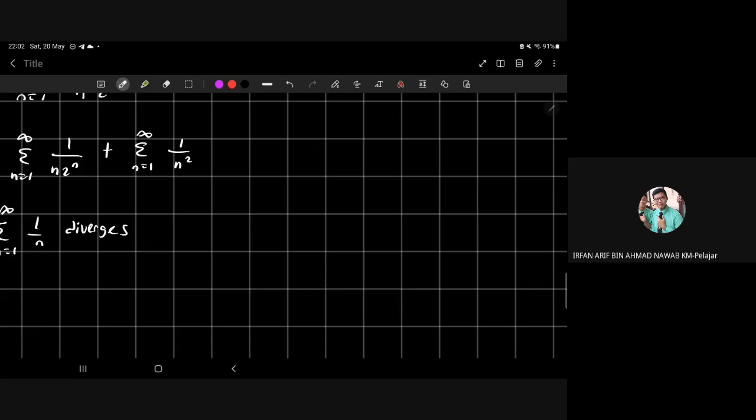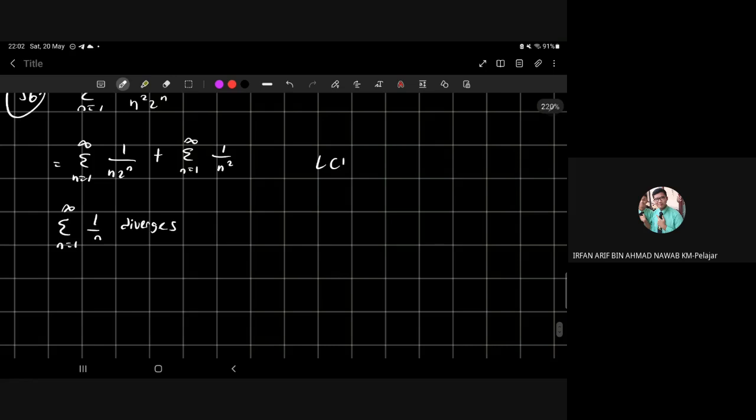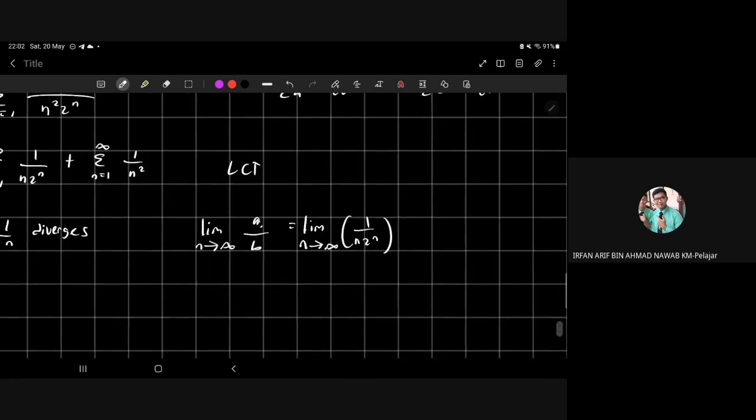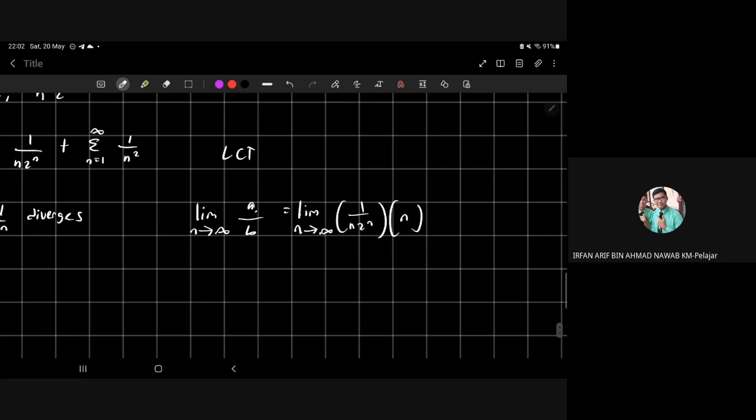Now, how about the limit comparison test? All right, let's see what happens. The limit as n approaches infinity of a over b, where a is the test series and b is a known series. As you can see, our test series is 1 over n to the power of n, and our known series will be 1 over n, because dividing by a reciprocal gives a function.